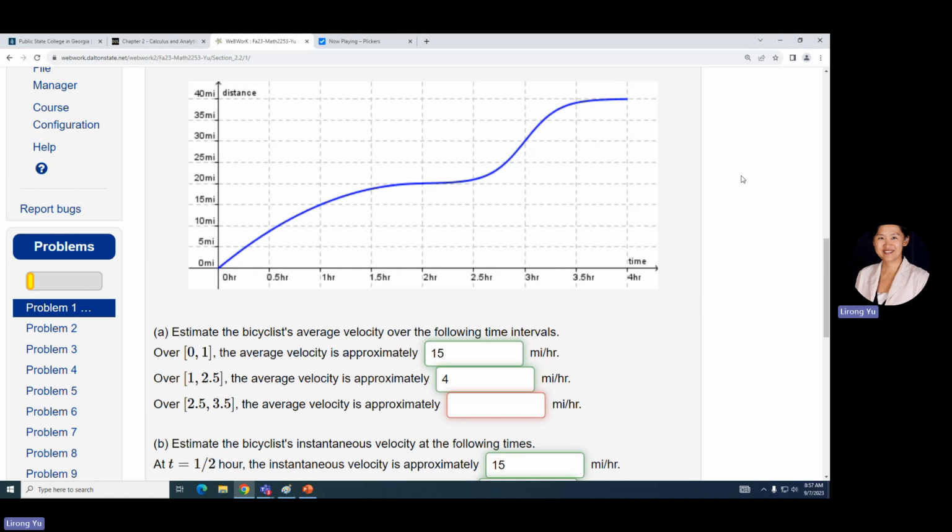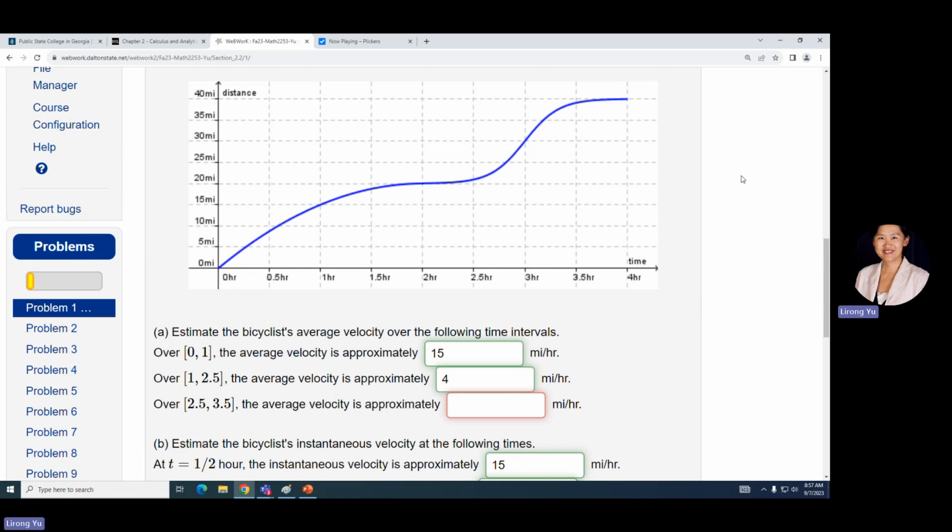You can estimate it, or you can go ahead and calculate it. Using the x value of 2.3, 2.4, and then 25, and over here 3.2, and then 35. Using those 2 points, you can calculate the slope and estimate the slope of the tangent. Any questions?